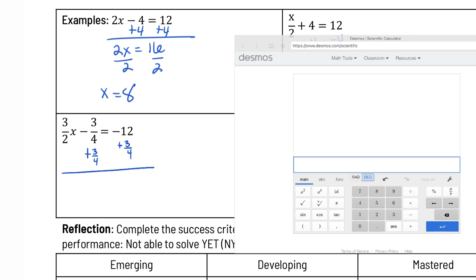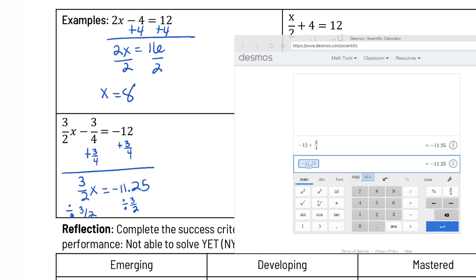Down here, we're going to use our calculator. So the inverse of our constant of 3/4 minus 3/4 is going to be adding 3/4. Now, we'll talk about tricks on how to solve this by hand, but for now we're going to use our calculator, which you can see on the side.